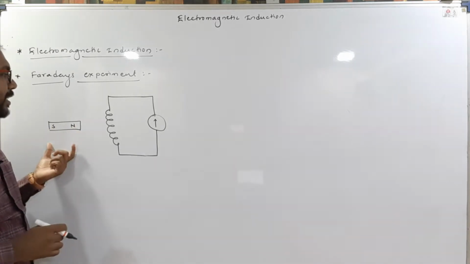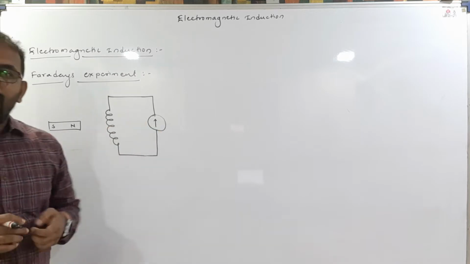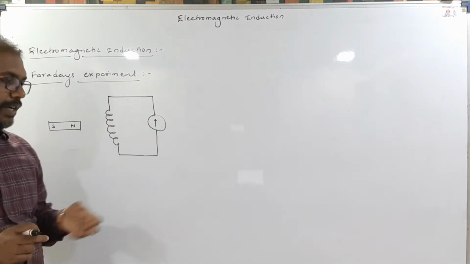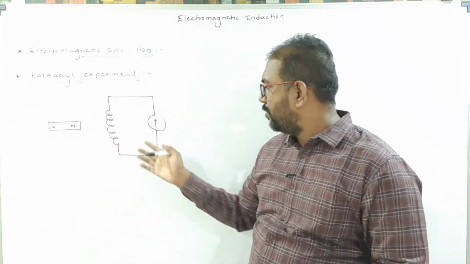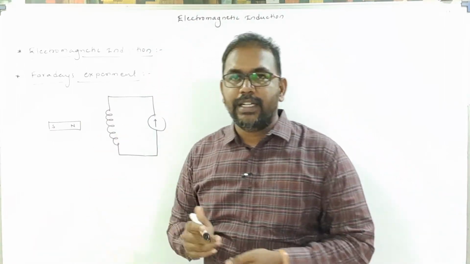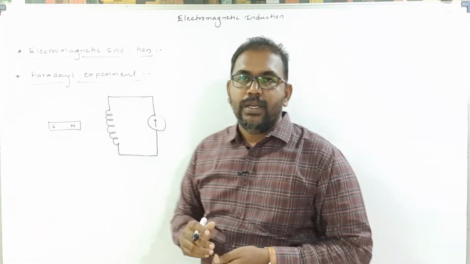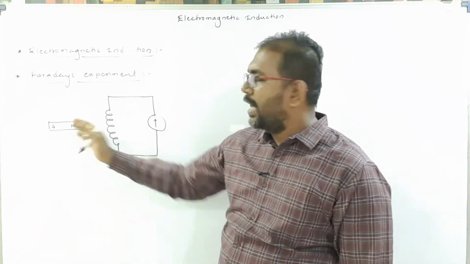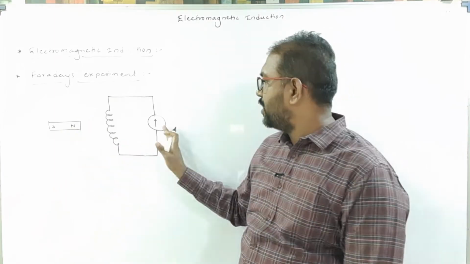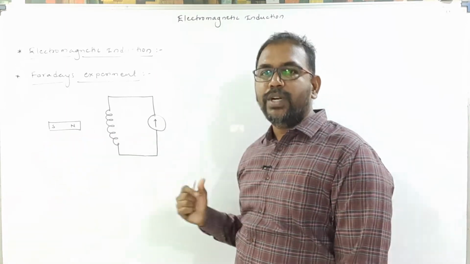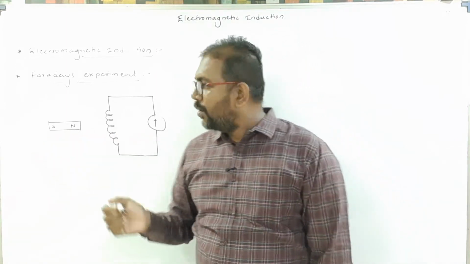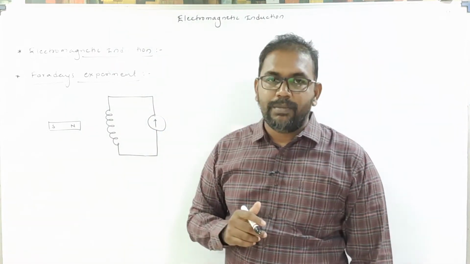When this magnet is at rest, there is no deflection in the galvanometer. The galvanometer is basically used to detect current. If current flows through this coil, the galvanometer detects it and shows deflection. When the magnet is at one point, no deflection. As we start moving this magnet towards the coil, we observe deflection in the galvanometer.